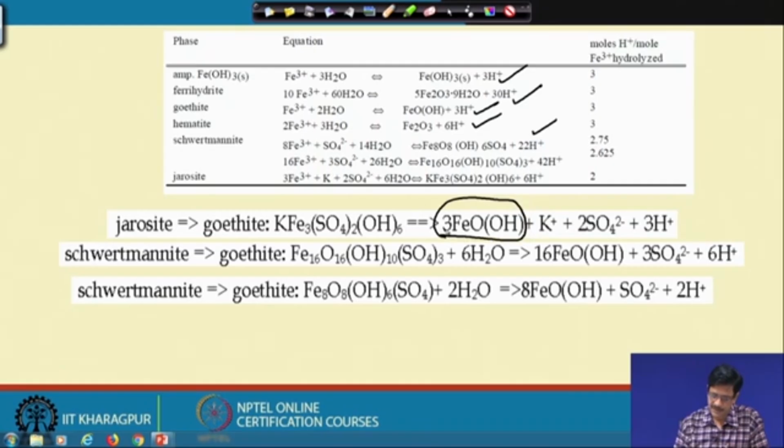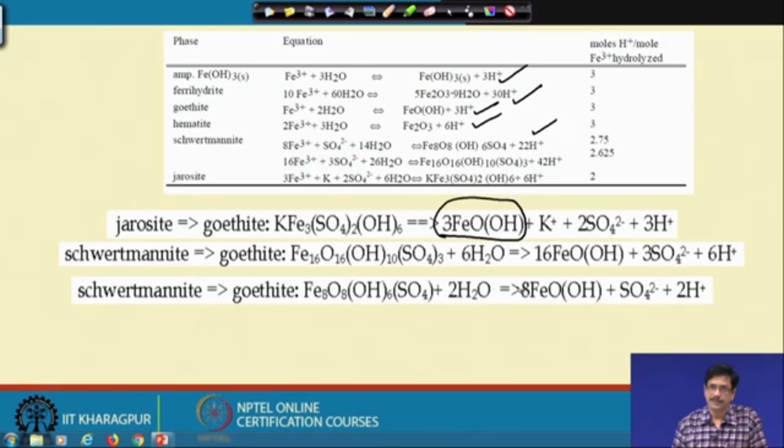This is the goethite, and goethite again, this swartmanite, when it is getting converted to goethite, it also releases H plus ion, and again the same swartmanite, depending on the way we are writing the formula and availability of water.